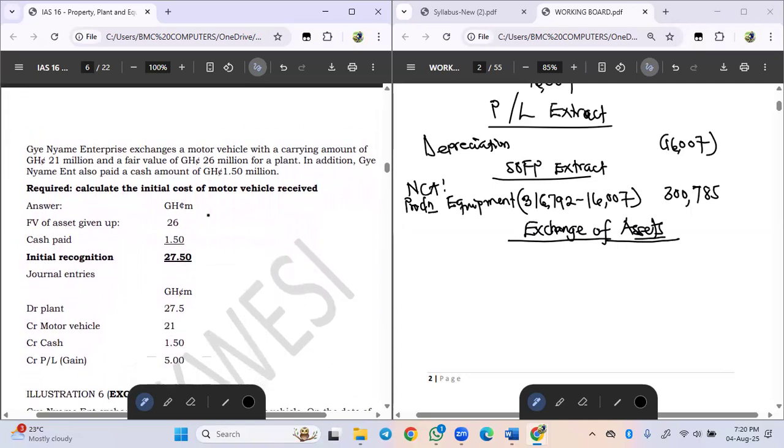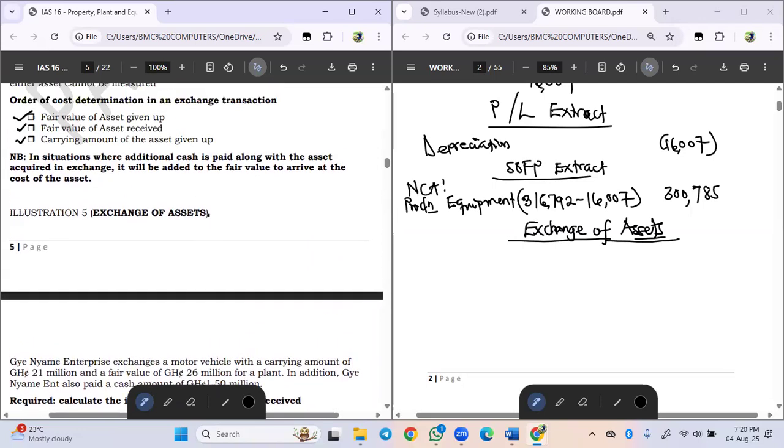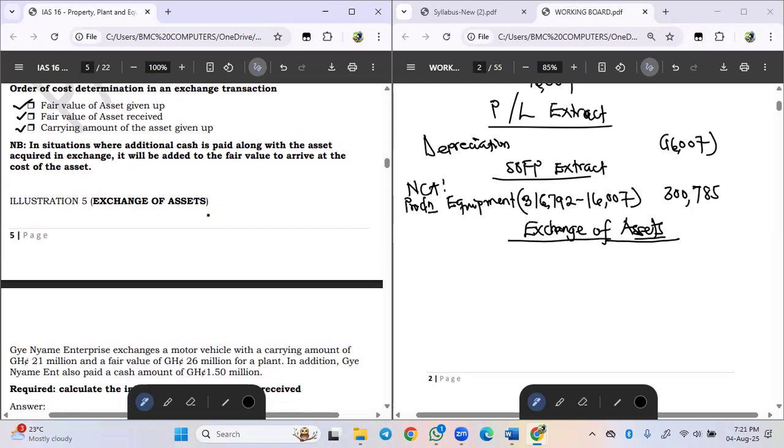Jinyami Enterprise exchanges a motor vehicle with a carrying amount of 21 million and a fair value of 26 million for a plant. So they are giving up a motor vehicle to acquire a plant. In addition, Jinyami also paid a cash amount of 1.5 million.